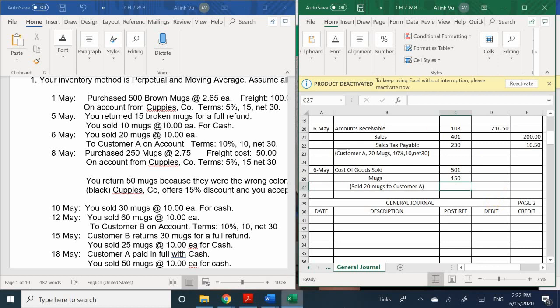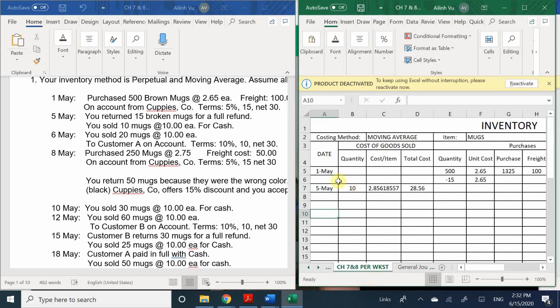All right. So now I'm going to go into my inventory worksheet to find out what that number is. We sold how many cups? 20. We sold 20.